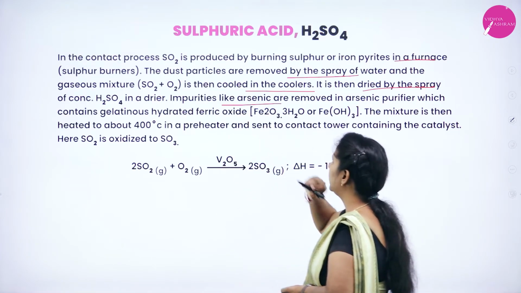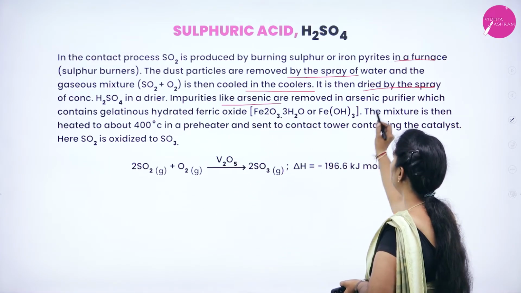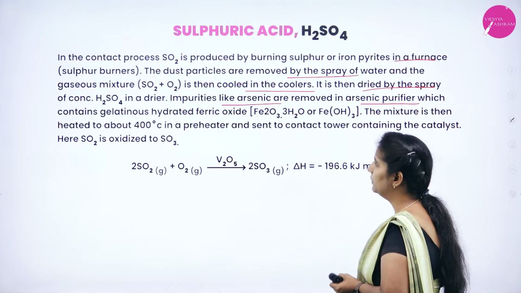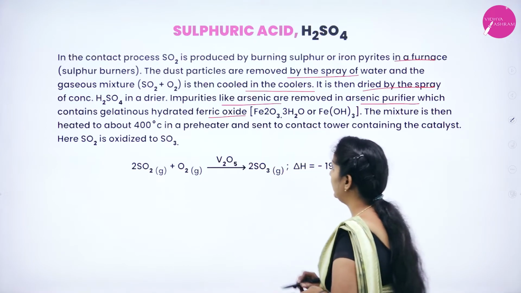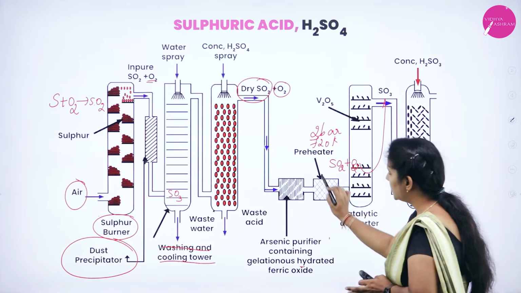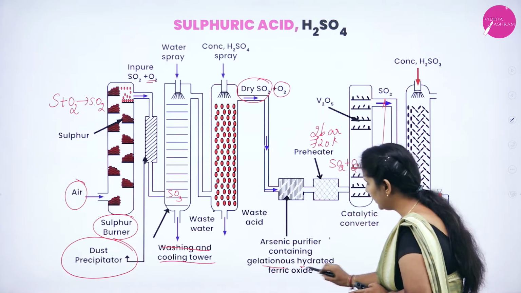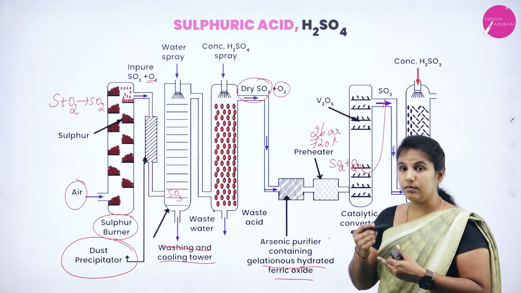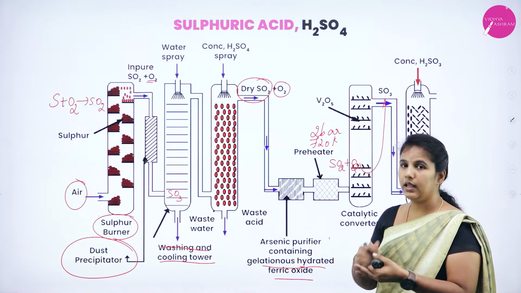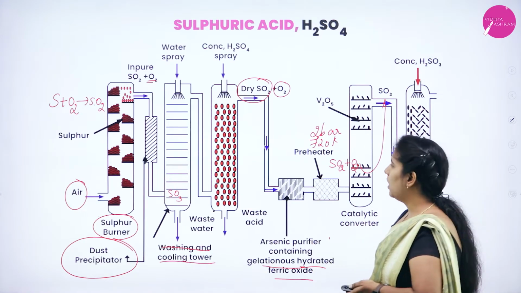Impurities like arsenic are removed by the arsenic purifier, which contains gelatinous hydrated ferric oxide. You can see here this arsenic chamber consists of gelatinous hydrated ferric oxide. It removes the arsenic content, if it is there in our compounds.